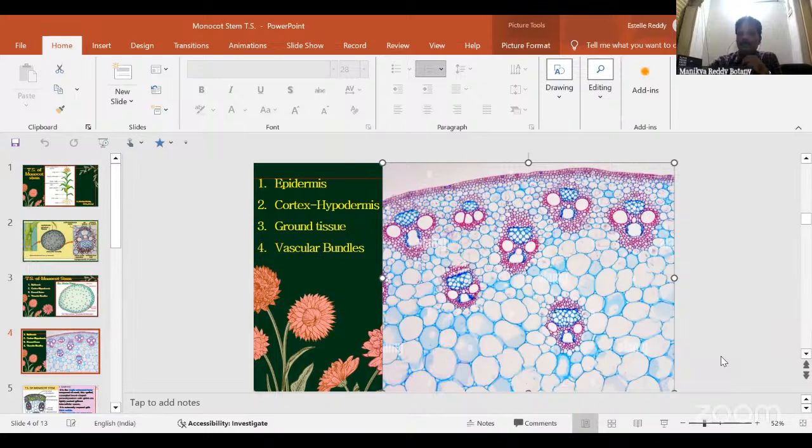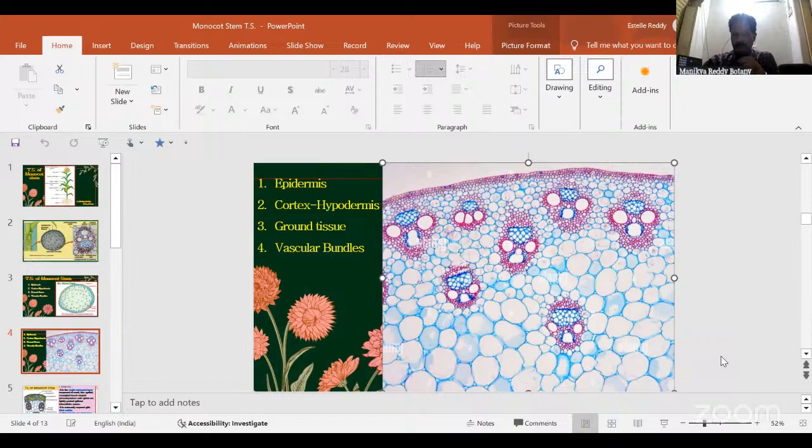What do you mean by open and closed? A vascular cambium is present between xylem and phloem. A strip of meristematic tissue is present between xylem and phloem. Such a vascular bundle is known as open type.